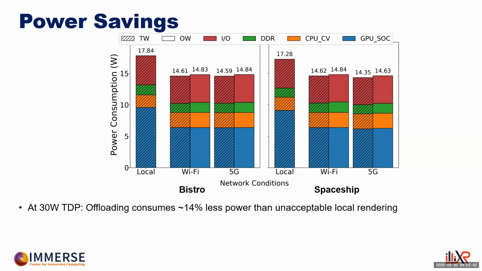So for the 30-watt TDP configuration on the Jetson, we found that offloading only consumes around 14% less power than rendering locally, where we would again note that local rendering was completely unacceptable because it couldn't reach the target frame rate. So even when we tested on the 60-watt profile though for offload rendering, local rendering could still not hit the target frame rate. So in other words, you could spend almost over 3 times as much power on local rendering and still not achieve the same quality as offloaded rendering.